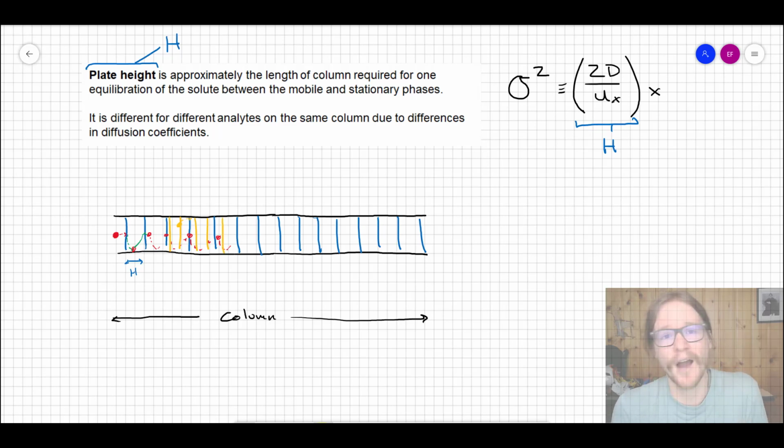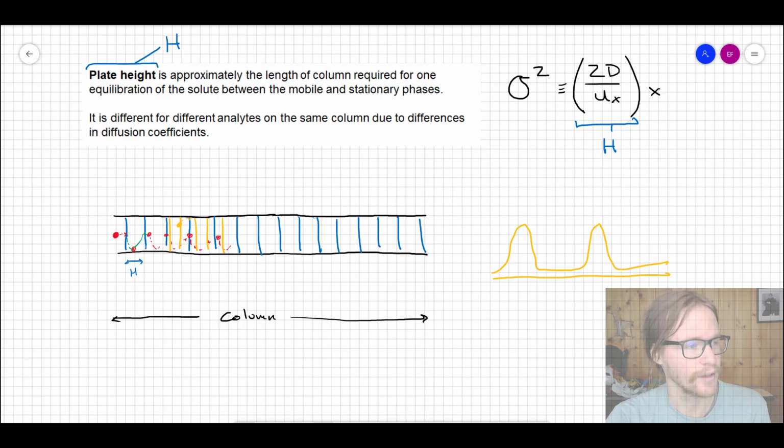It's really just a proxy for how good your column is for your analyte. Of course, the more theoretical plates you have over the length of the column, the more equilibration cycles, which means you're allowing your molecule to interact in the way that the chromatography system was designed to do. So more interactions means more resolving power, means a better capacity to separate two species on your column. So we're always aspiring for a higher number of theoretical plates.